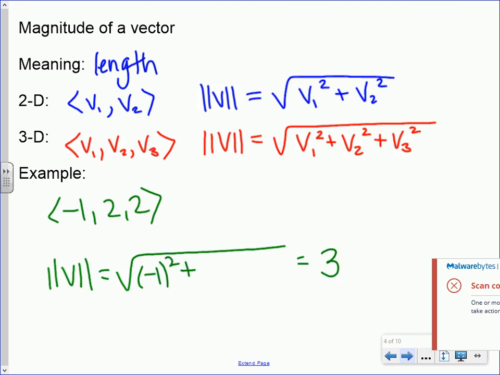We have 1 plus 4 plus 4. Square root of 9 is 3. Do you agree? Okay. Another question you'll know you'll have on your test.